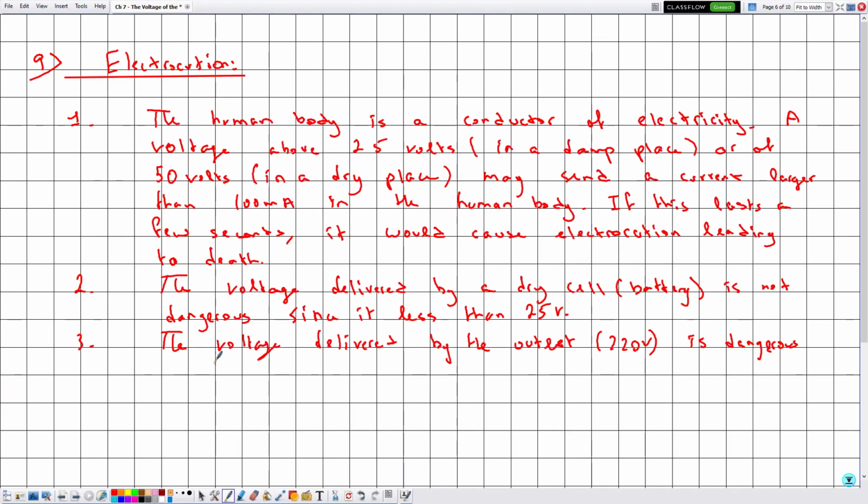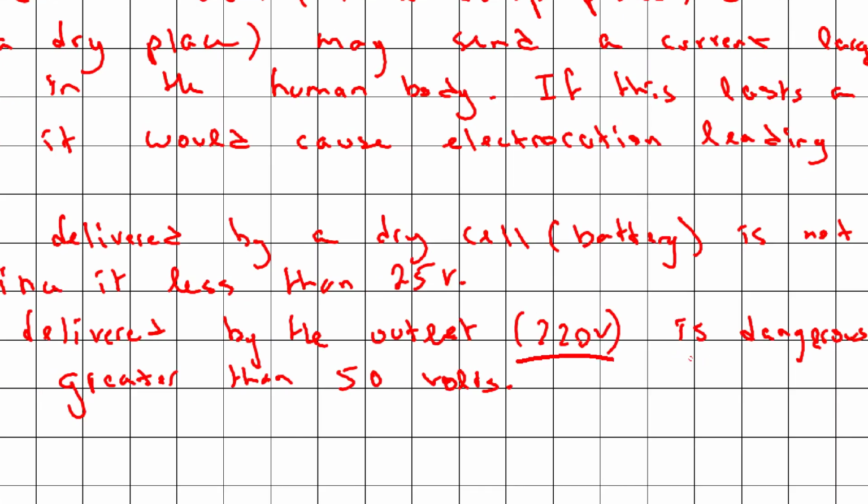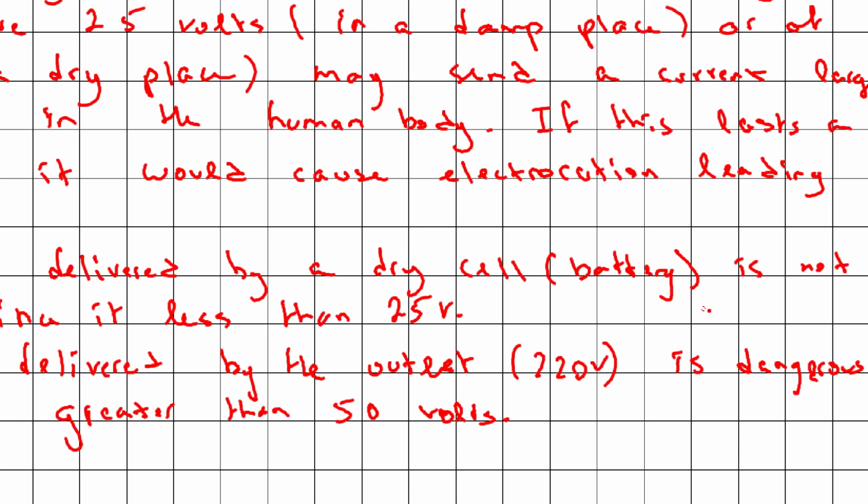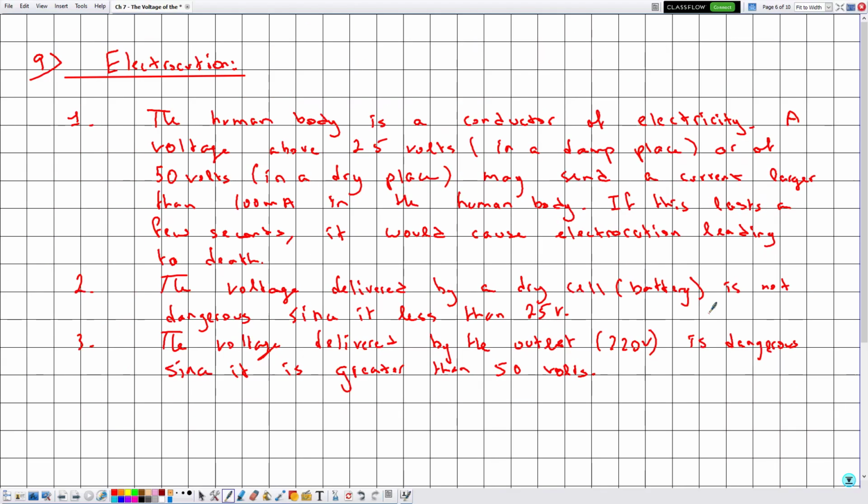It is dangerous since it is greater than 50 volts. Okay, so such type of voltages may cause electrocution because it's greater than 50 volts, which may lead to death, whereas the voltage of the batteries, most of them are less than 25 volts, that are not dangerous at all.